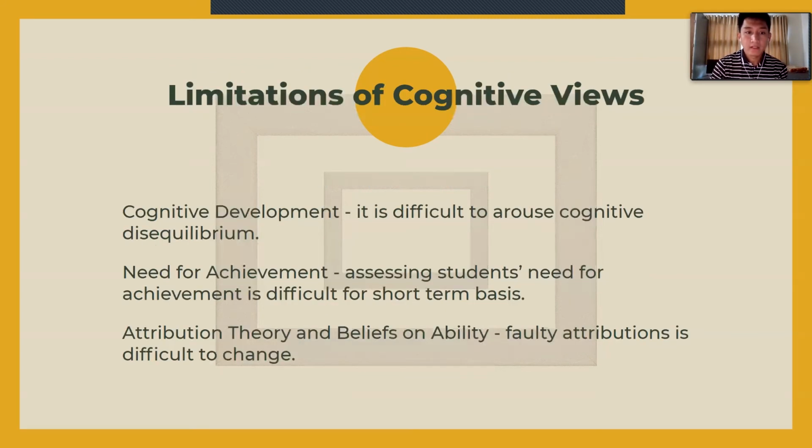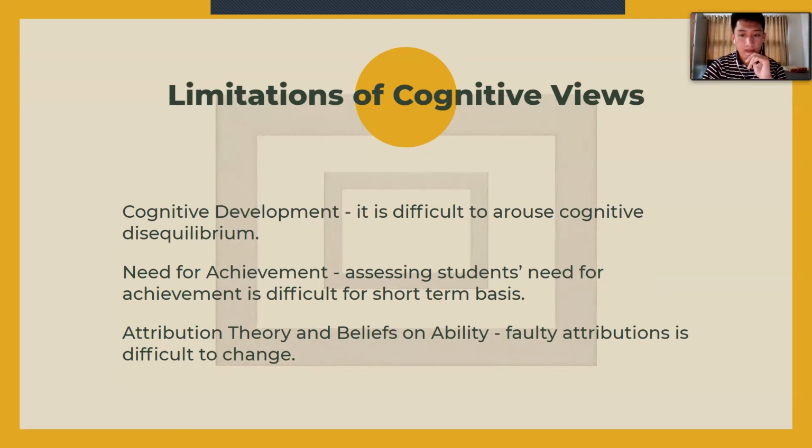Now, the limitations is that in cognitive development, it is hard to make students or have the students feel this cognitive disequilibrium. While in need for achievement, it's hard to assess if the student has a high need or a low need for achievement.